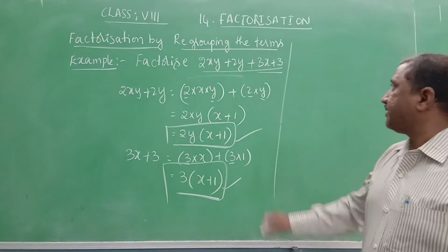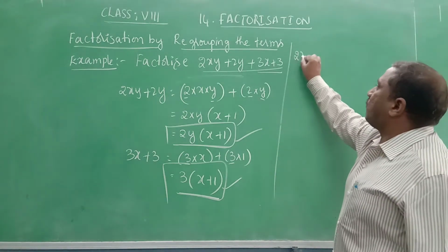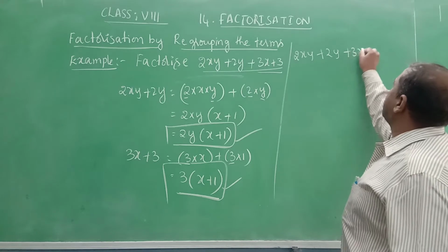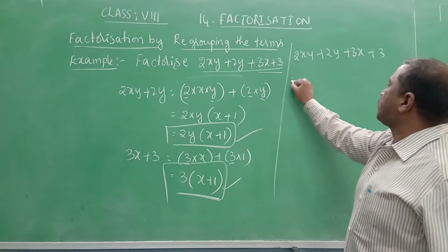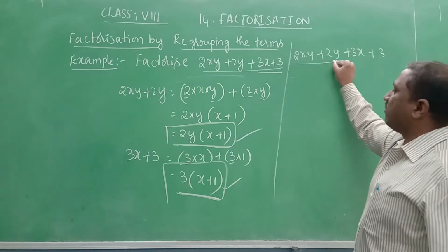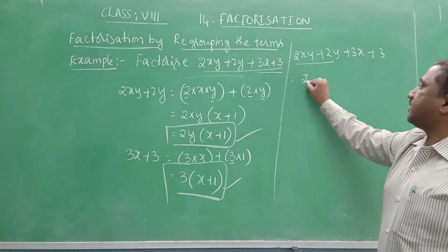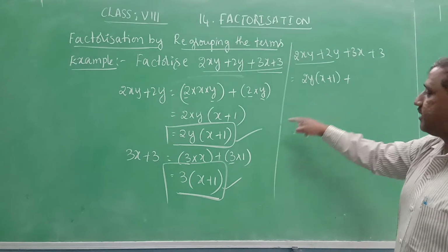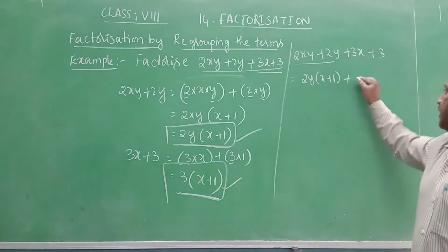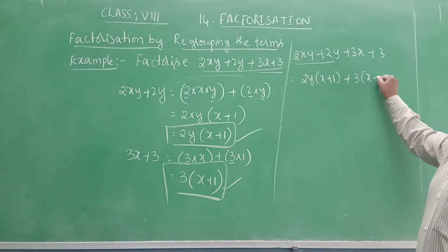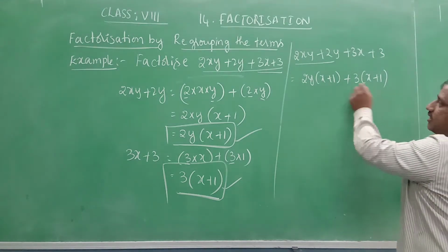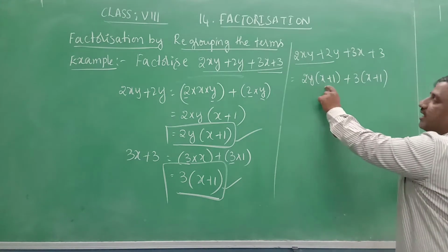Now we can write this as 2xy plus 2y plus 3x plus 3, that is equal to 2xy plus 2y, which is 2y into x plus 1, plus 3x plus 3, which is 3 into x plus 1. Now 3 and x plus 1 are two factors, 2y and x plus 1 are two factors.